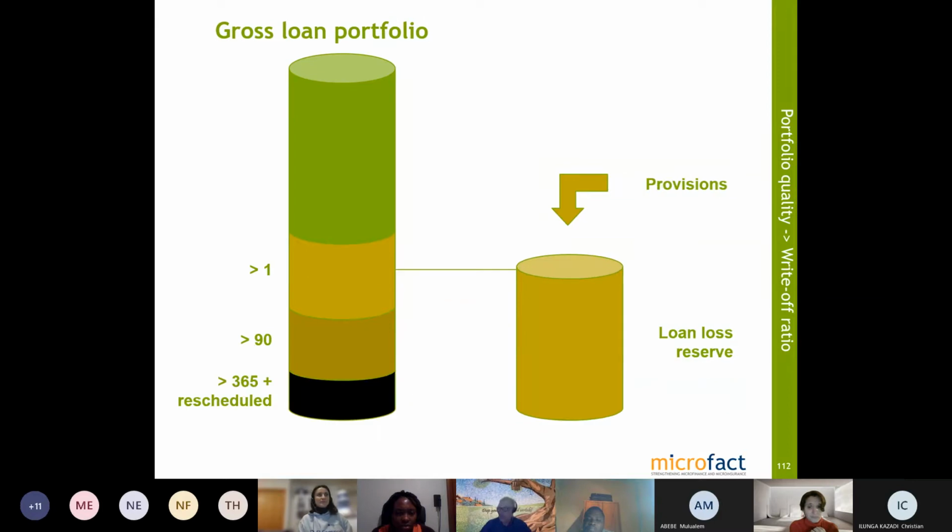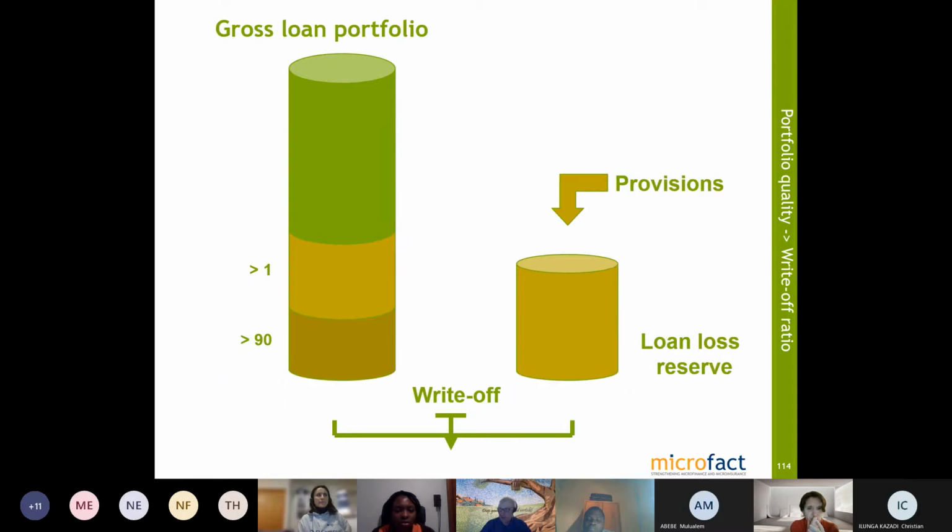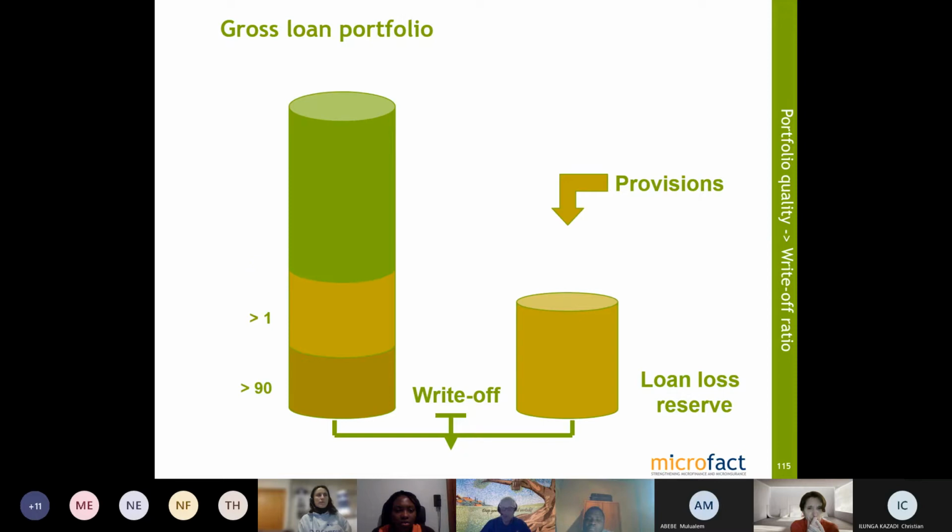So, contaminated part, small barrel. You look if it's filled, yes, then you do the exercise, and this is just an accounting exercise, deciding what part you want to write off. And now I have another look at my portfolio.